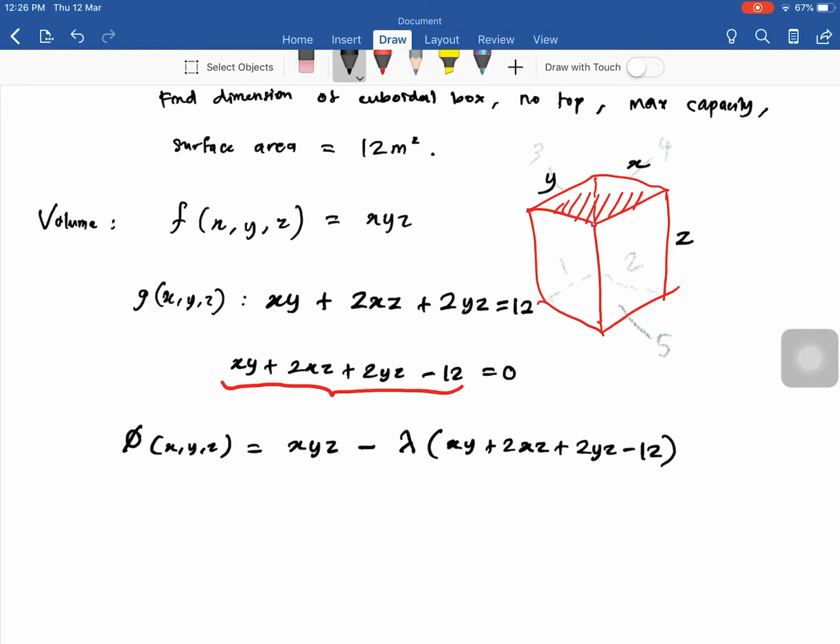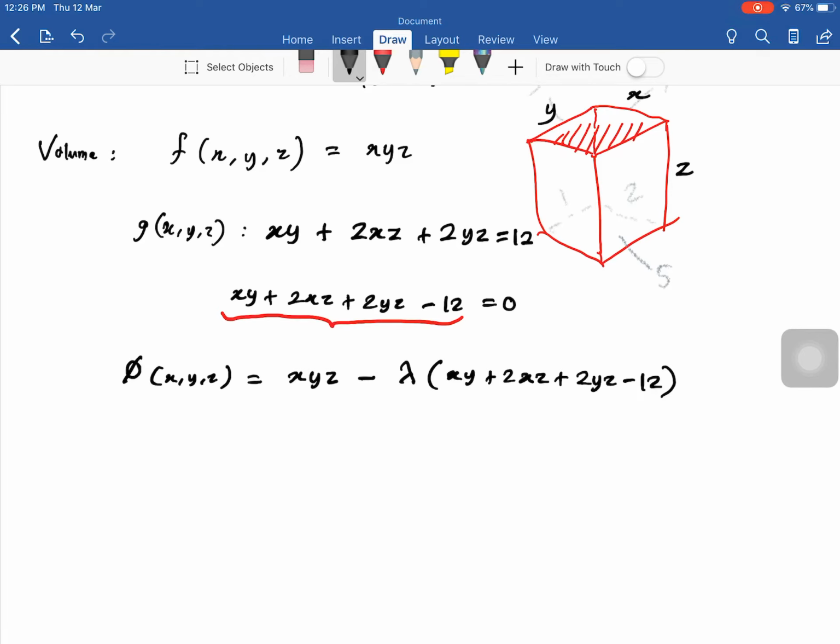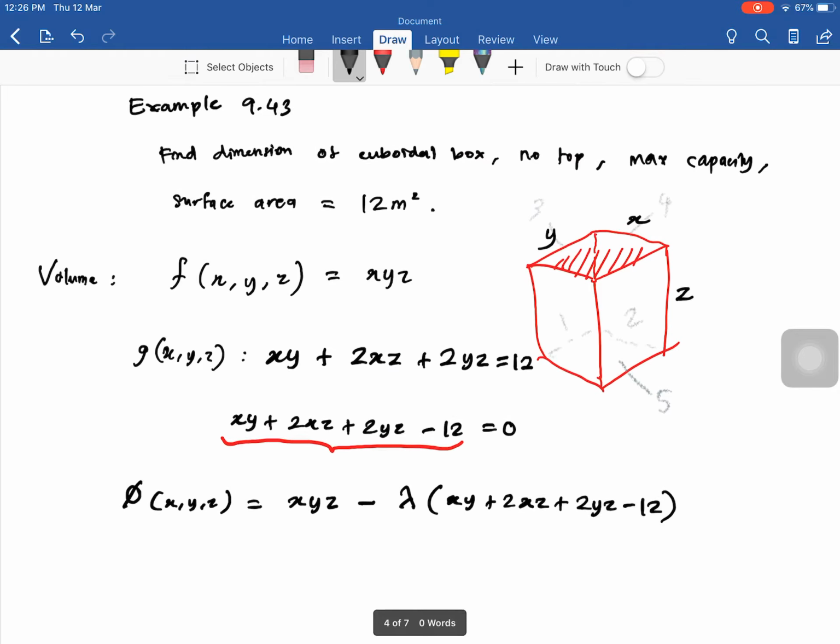Alright, and now we want to consider the partial derivative as well, because we want to find the stationary point. Okay, remember, when we consider a practical problem like this, we need to know what is the minimum point.